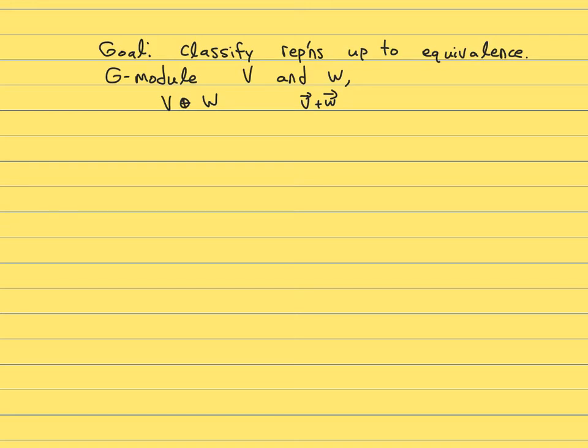This comes with the group action. You can act on a vector sum by acting on them individually. You can check that this does in fact do the thing it's supposed to.